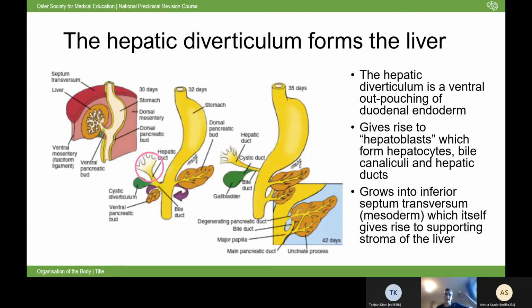Remember, that was that mesoderm that is brought into the middle of the body cavity by embryonic folding, rostrocaudal folding to be precise. And it grows into the anterior and inferior aspect of the septum transversum, which is mesoderm, and that mesoderm gives rise to some of the supporting cells around the hepatocytes and the bile ducts.